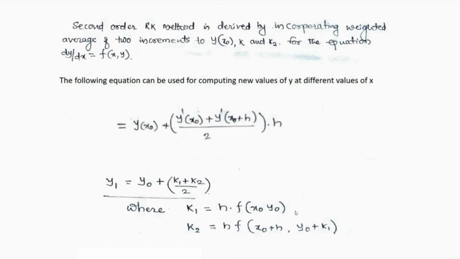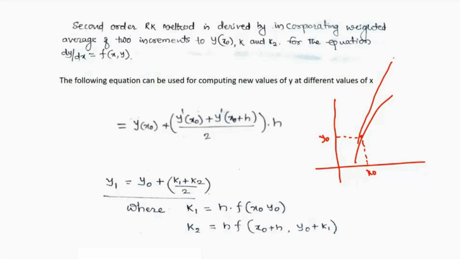The second order RK method is derived by incorporating a weighted average of two increments. This equation is written also here. For example, this is the curve. The first point is based on x naught, and the corresponding value is y naught, and the tangent at this point is y dash x naught.